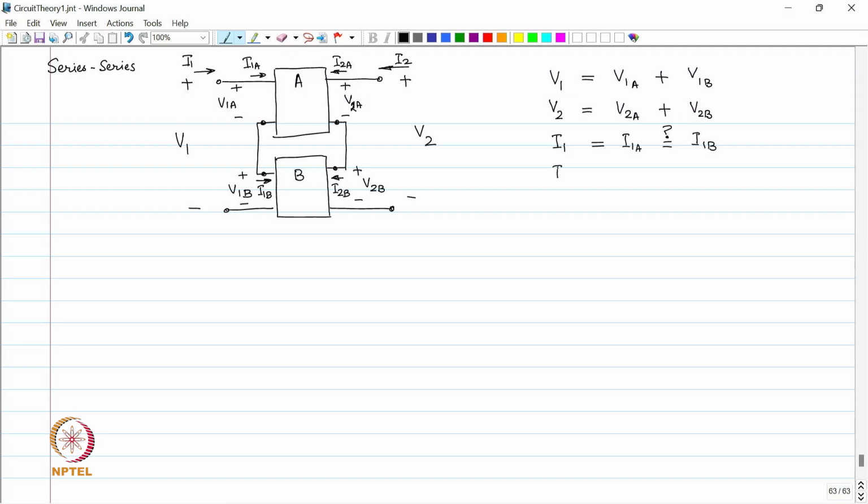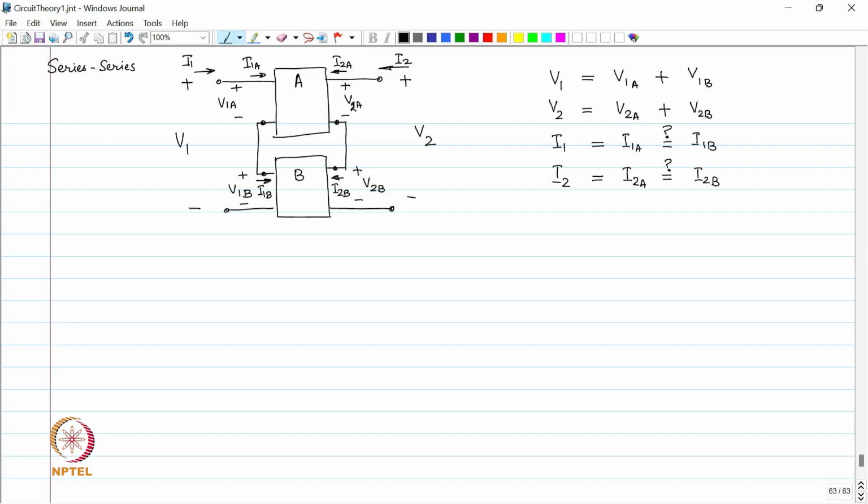And similarly, what is the relationship between I2, I2A and I2B? I2 is certainly equal to I2A, right, but we do not know if it is really equal to I2B. So, we put an equal to with a question mark.